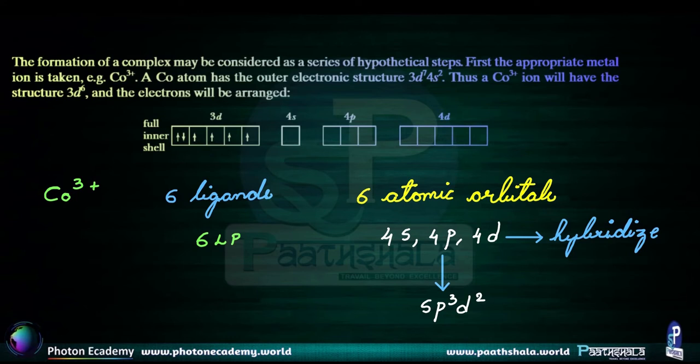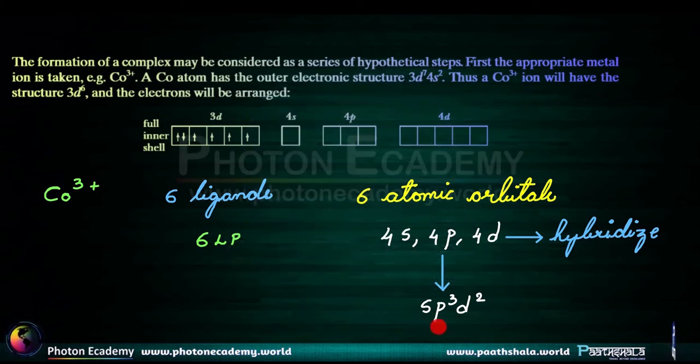So what happens here is the 4s orbital, the 4p orbitals and the 4d orbitals undergo hybridization to give sp3d2 orbitals. So how many orbitals are going to be involved over here in total in the process of hybridization? We have 1 s orbital, we have 3 p orbitals and we have 2 d orbitals. So that is equal to 6.